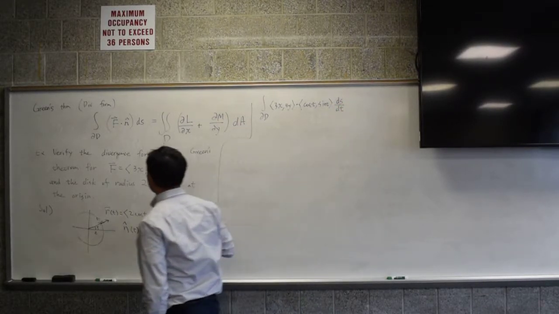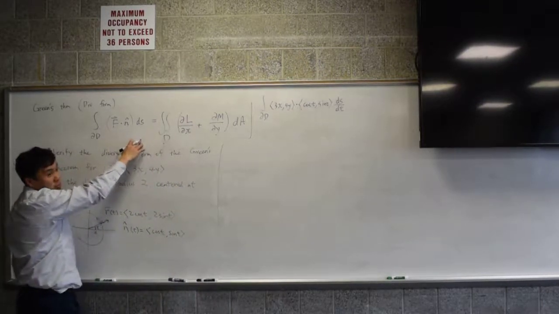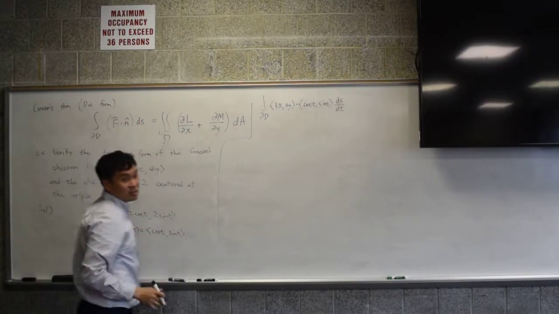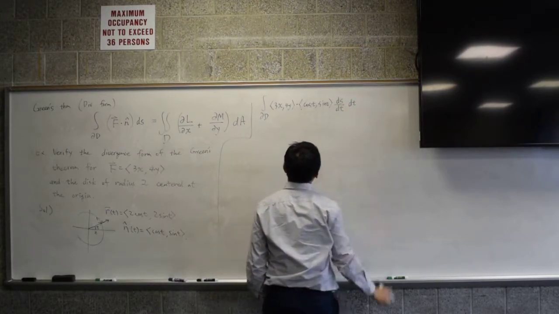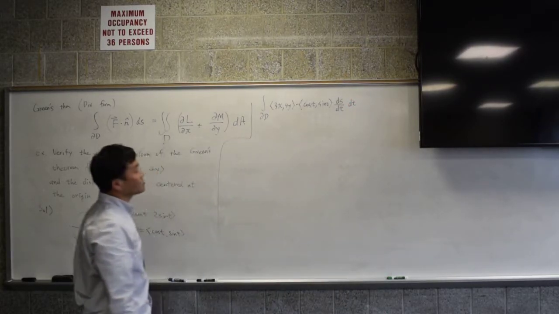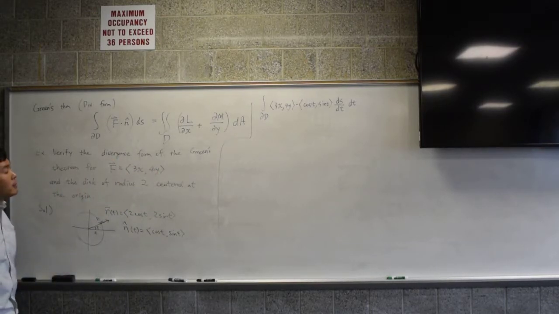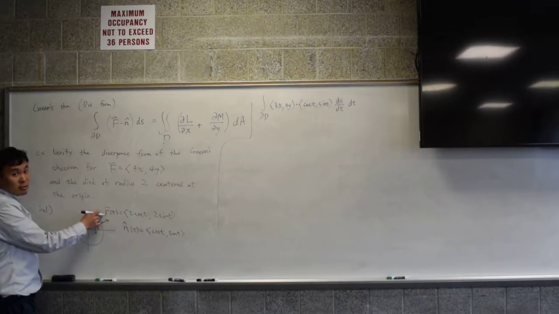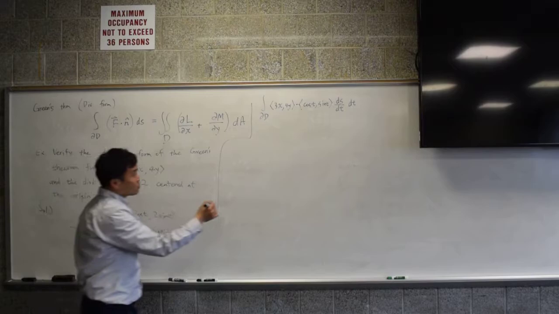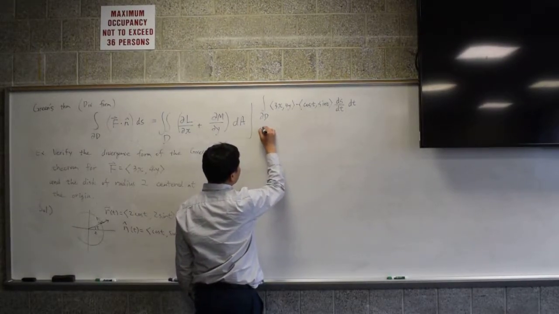See, when you compute a line integral, always the trick is divide by dt, multiply by dt. Okay? What is ds/dt? It's the derivative dr/dt and its norm, right? So let's figure out what to put there.